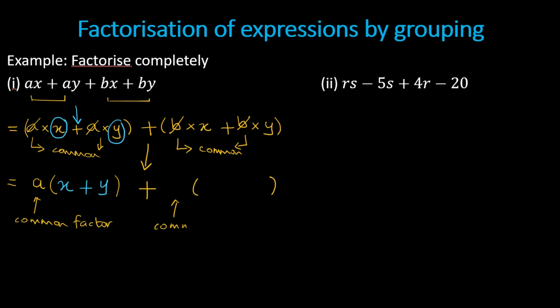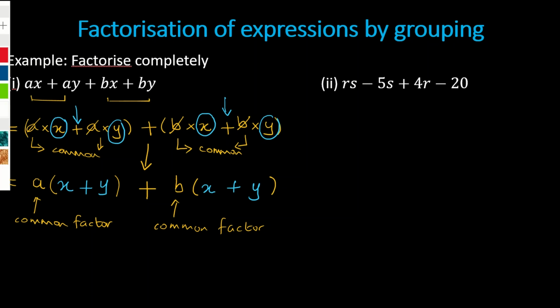So the common factor for the second pair of brackets is B, so it has to be outside, right? Now we are left with x plus y, right? I hope you have understood this part.